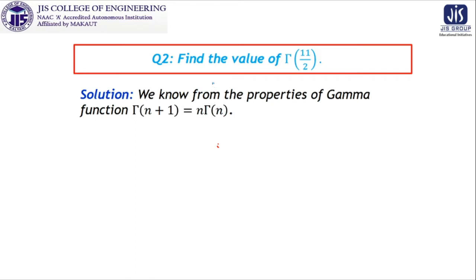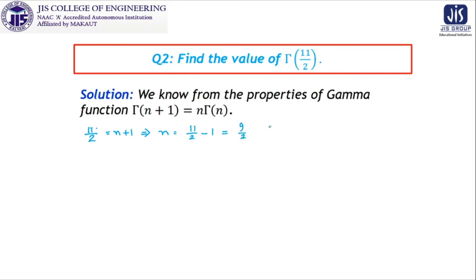Now our job is to compare it with the structure of gamma 11 by 2. If we can write 11 by 2 in the form n plus 1, then n is equal to 11 by 2 minus 1, that is 9 by 2.